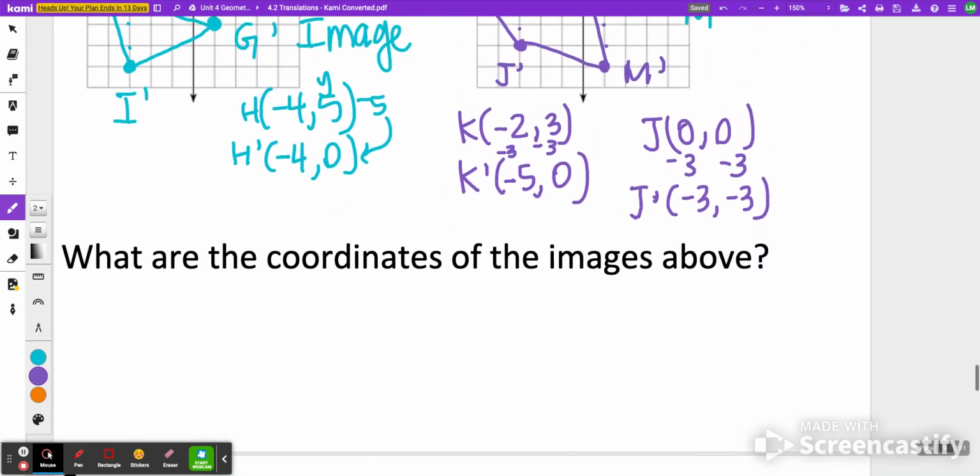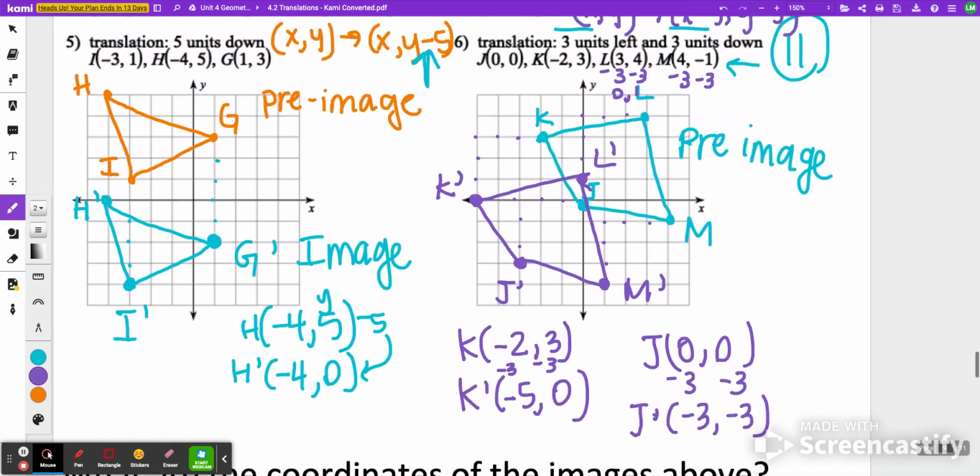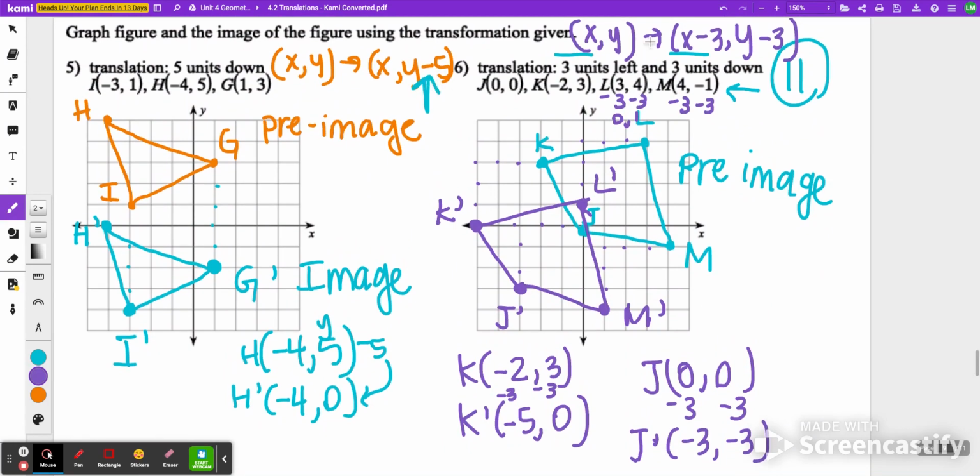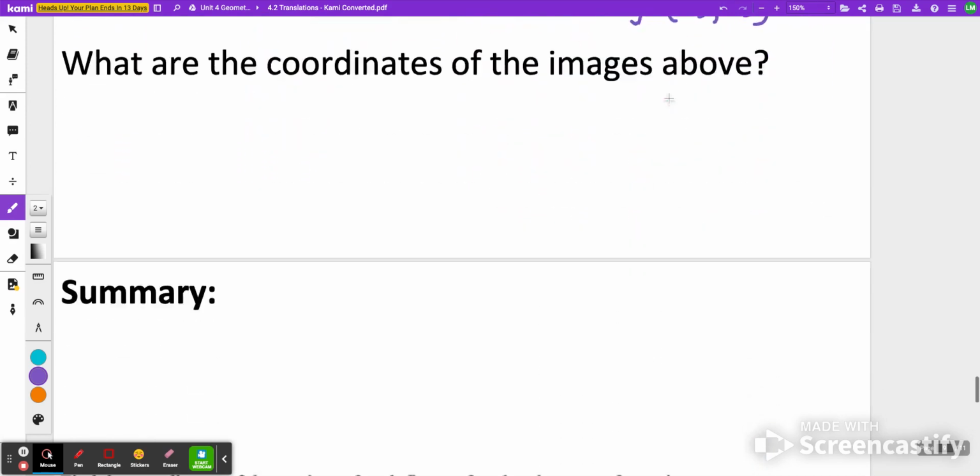We did talk about the coordinates of the images above, just how they were changing with here. The first one, I'm only subtracting 5 from each one, and this one I'm subtracting 3 and 3 from our x's and our y's.